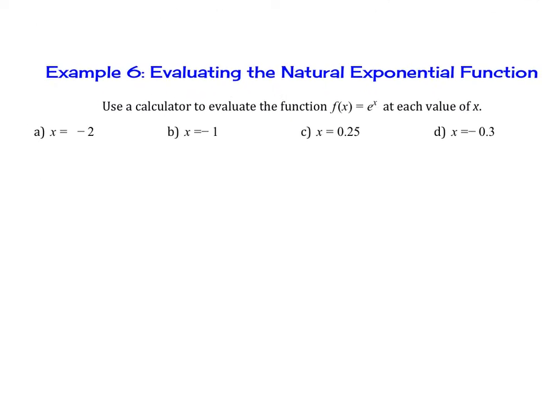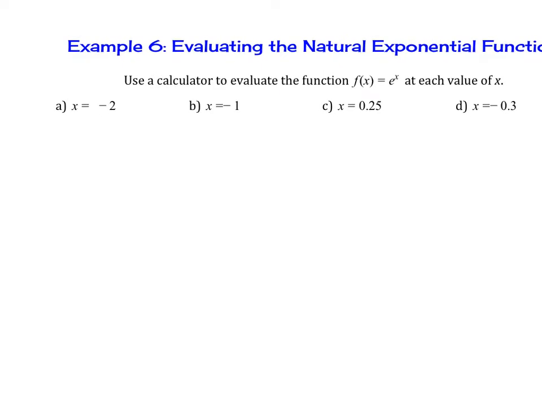What we're going to do is use a calculator to evaluate the function f of x equals e to the x at each value of x. On the TI-30X IIS, in order to get to the e to the x, you press second and then ln, which gets you to the e to the x if you see it at the top. Then it'll automatically do the exponent for you.